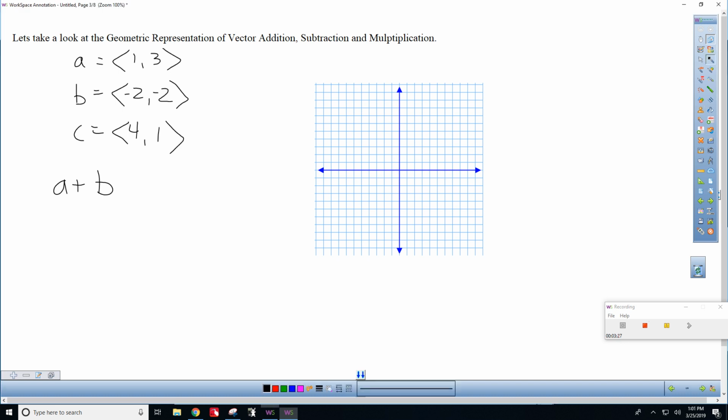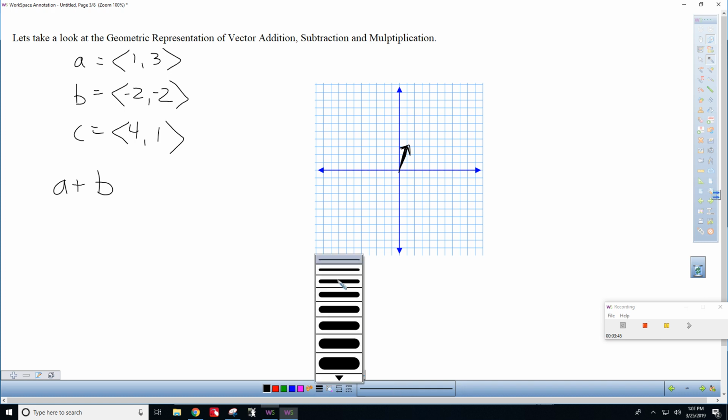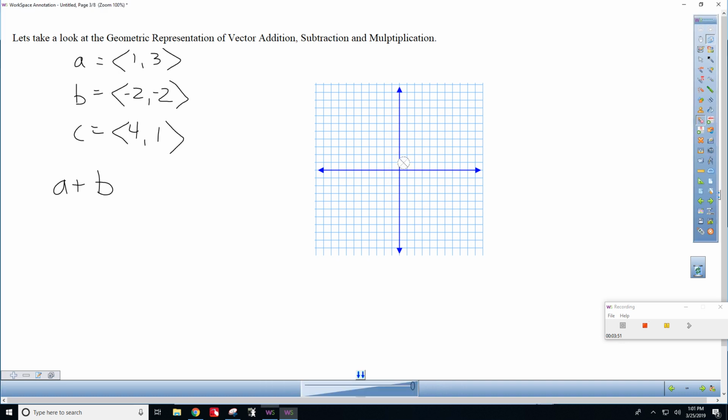So if we look at A as 1 over, 1 up 3, so that's A right there. I wonder if I used a bigger font, if it would make me more accurate with the way I graphed. Be nice to find this out a long time ago.